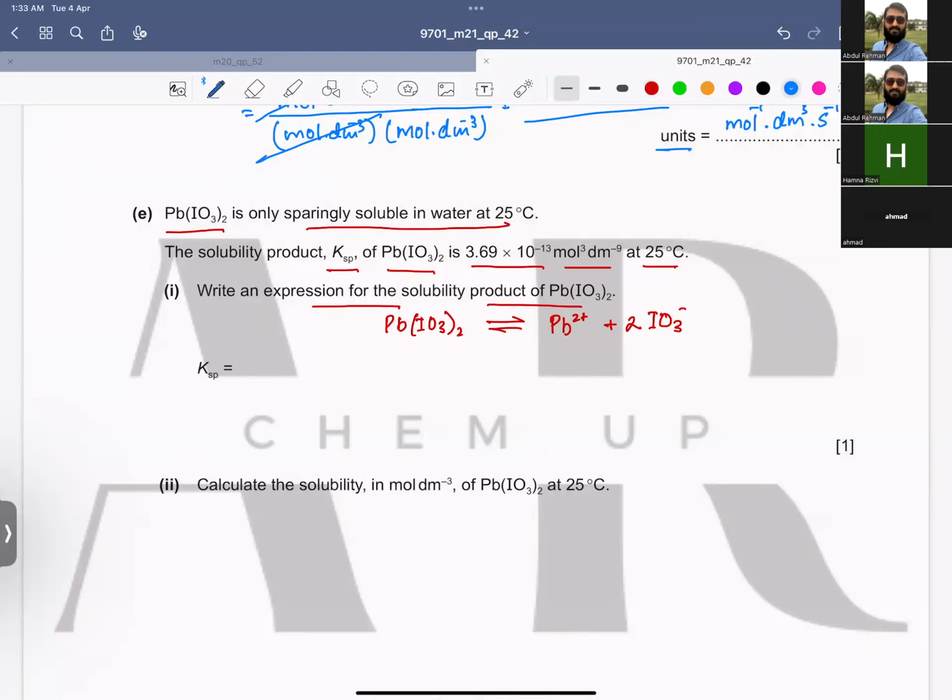So if I write the Ksp expression, it is the concentration of Pb2+ ions times the concentration of iodate ions raised to the power 2, because there are 2 moles over here. Is this clear? Yes, sir. Okay.